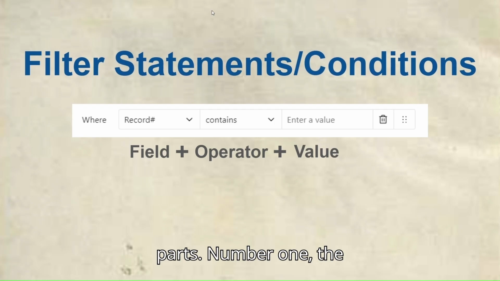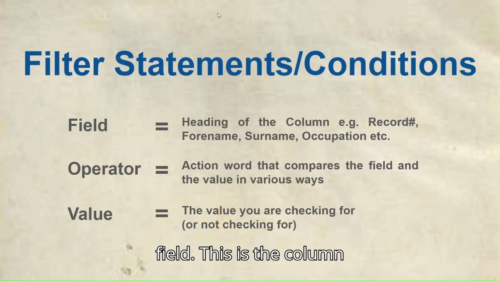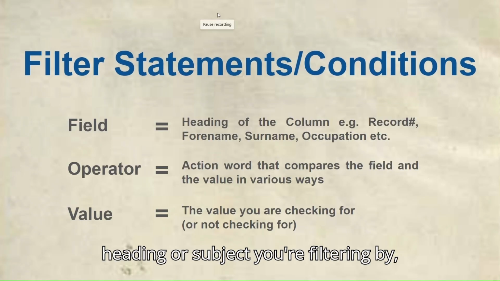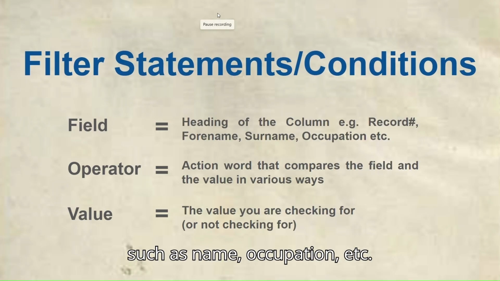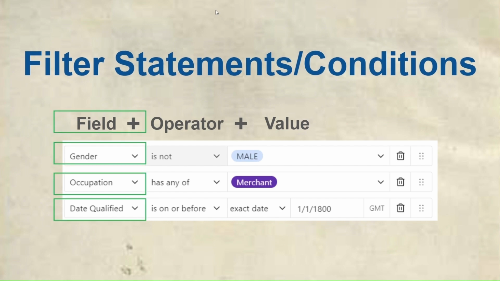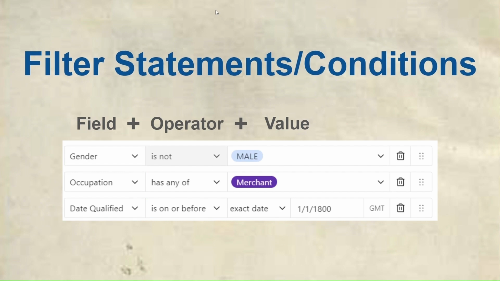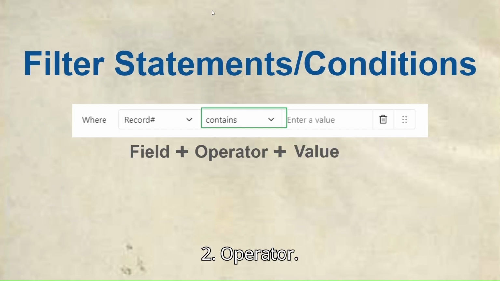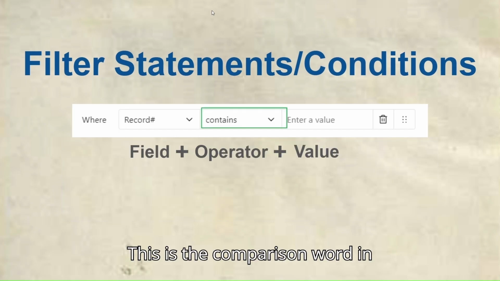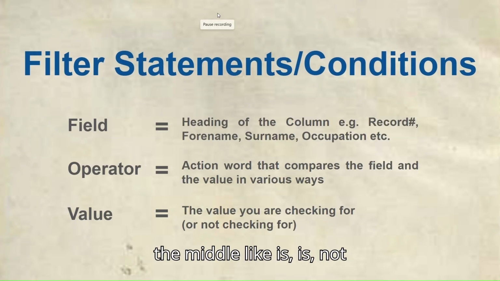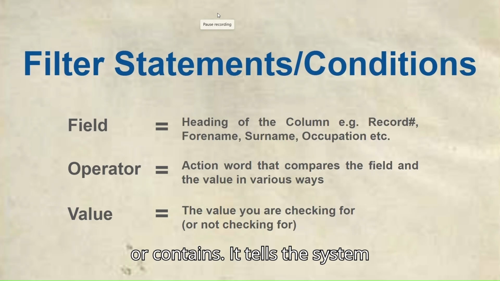Number 1. The field. This is the column heading or subject you're filtering by, such as name, occupation, etc. Two. Operator. This is the comparison word in the middle, like is not, or contains.